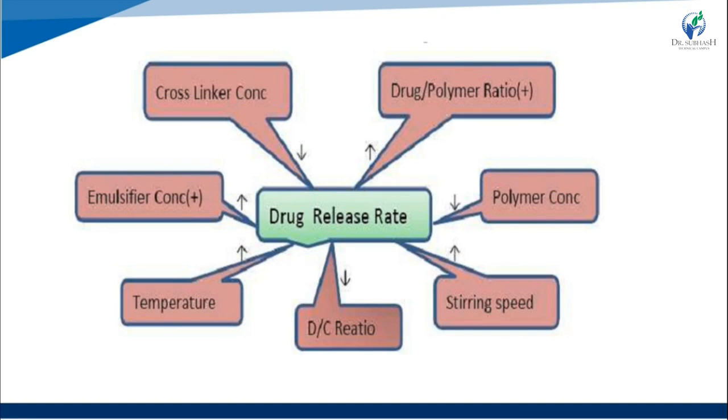Now the factors affecting drug release rate. First, the drug to polymer ratio. If the drug ratio increases, the release rate also increases. Then polymer concentration: if polymer concentration decreases, drug release also decreases, and if the polymer ratio increases, the drug release rate decreases.